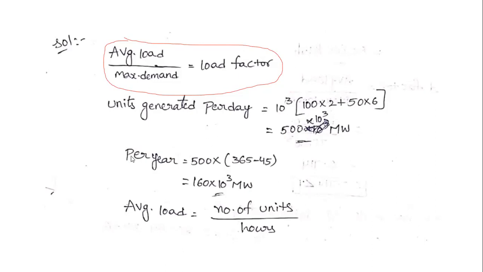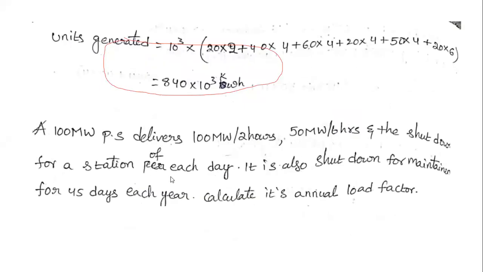Next we calculate the number of units generated per year. The 500 into 10 cube is the units generated per day. How many days are there per year?